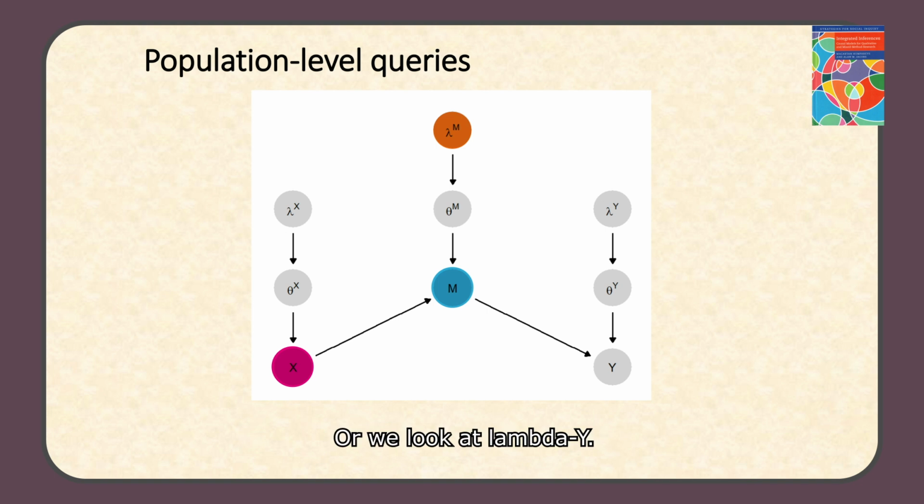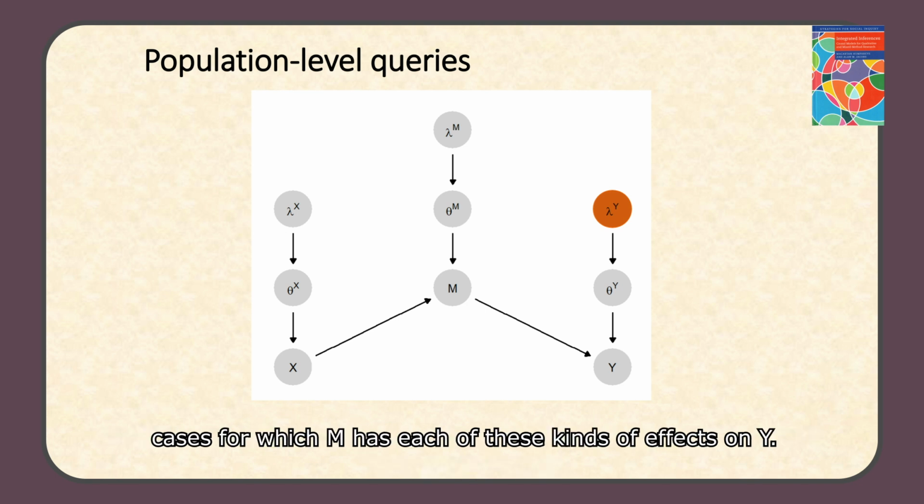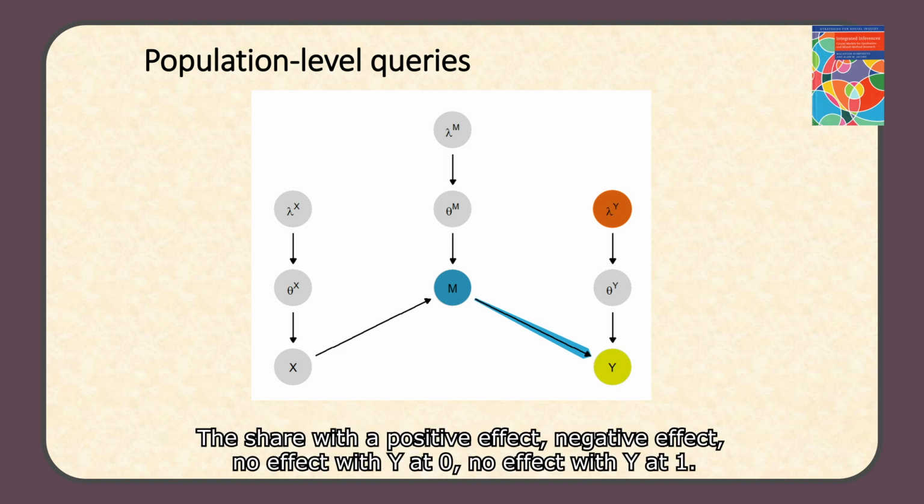Or we look at lambda y. Lambda y is itself a 4-element vector that's going to capture the share of cases for which M has each of these kinds of effects on y: a positive effect, a negative effect, no effect with y at 0, no effect with y at 1.